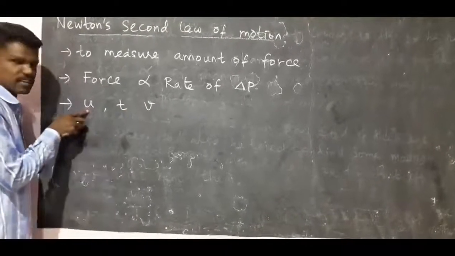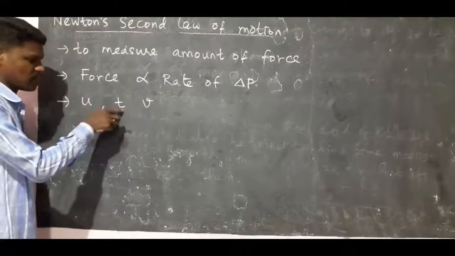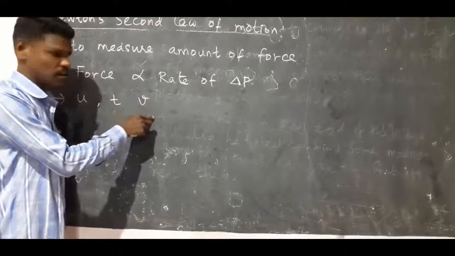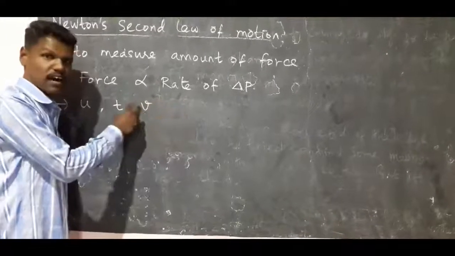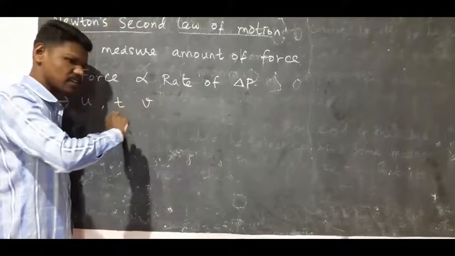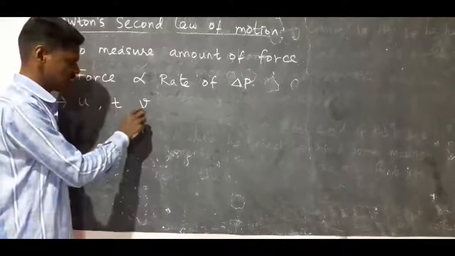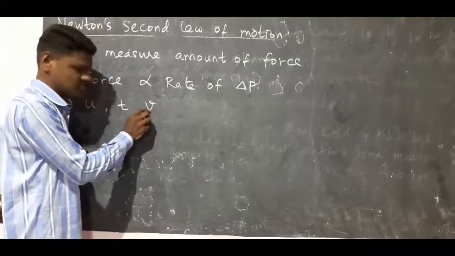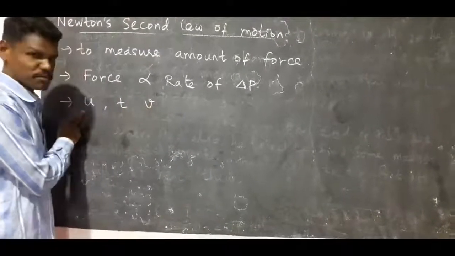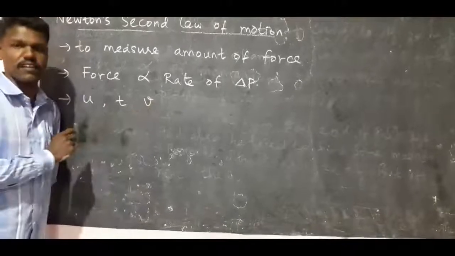So we take initial velocity u, and after some interval of time t, the object comes to final velocity v. Here u is the initial velocity, v is the final velocity.